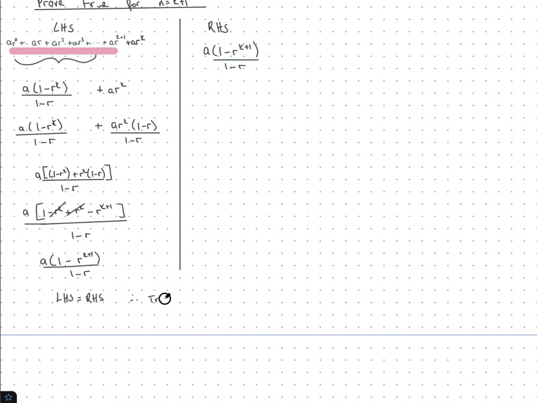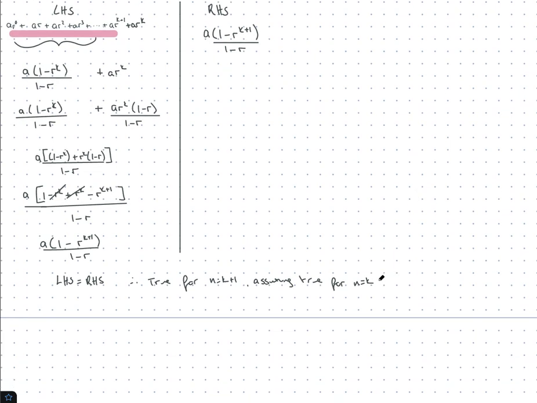Therefore true for n is equal to k plus 1, assuming true for n is equal to k, or based on the assumption that it's true for n is equal to k.